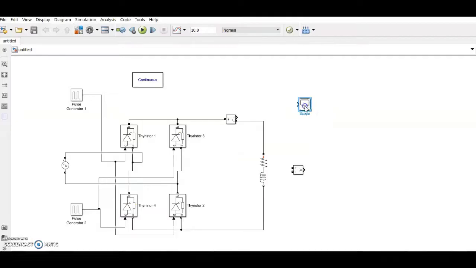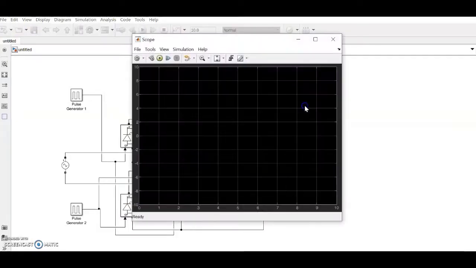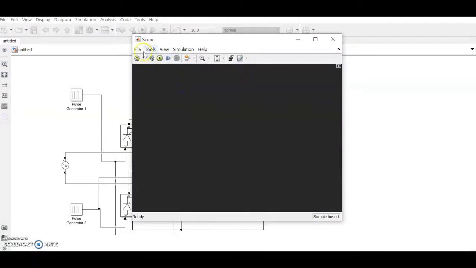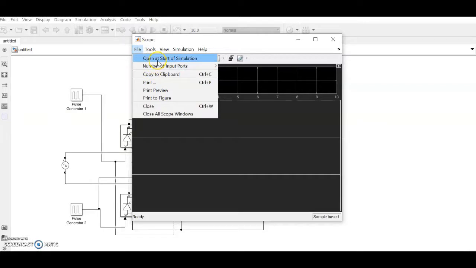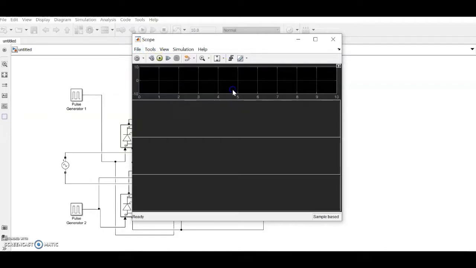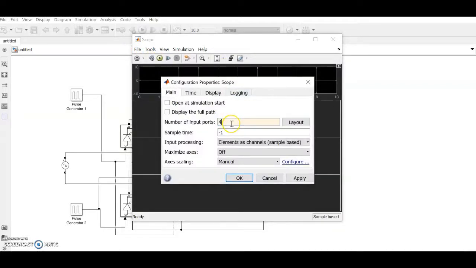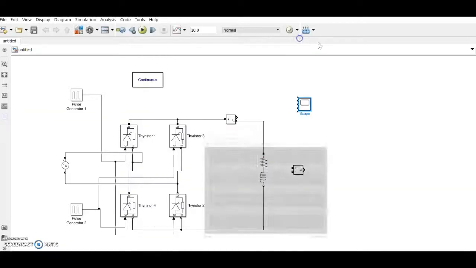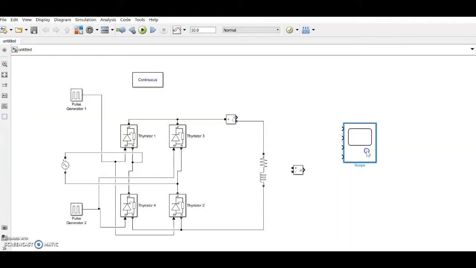Okay, and let there be a scope, and its layout, let it be 4 input. The number of input ports, let it be 4. Okay, and let's say 4 inputs we are giving.